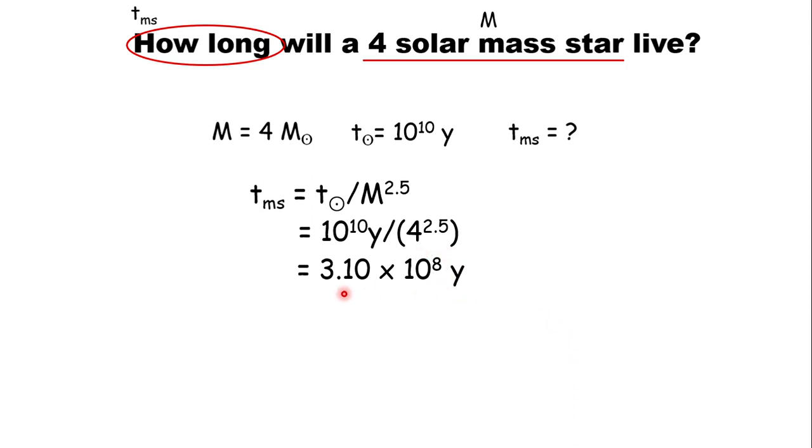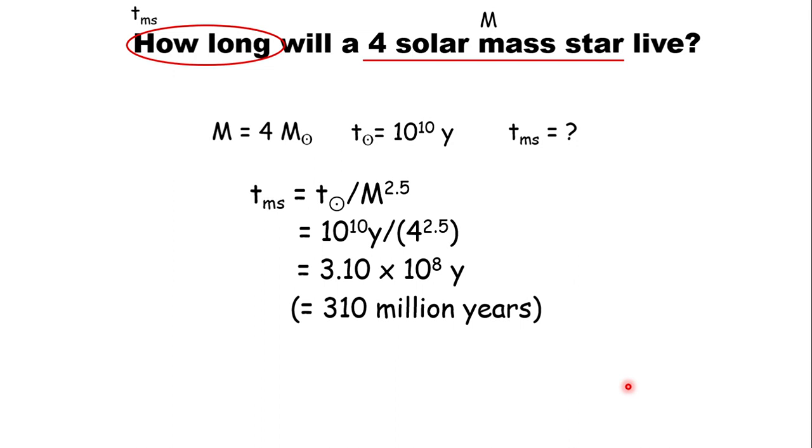If you want to, you could stop there, or we can put this in a more meaningful way by using words. 3.1 times 10 to the 8. If we move the decimal, we get 310 times 10 to the 6, and 10 to the 6 is a million. So this is actually 310 million years. That's pretty amazing.